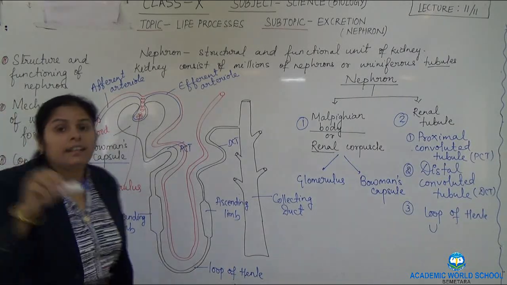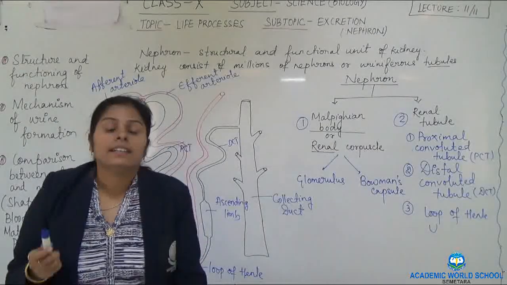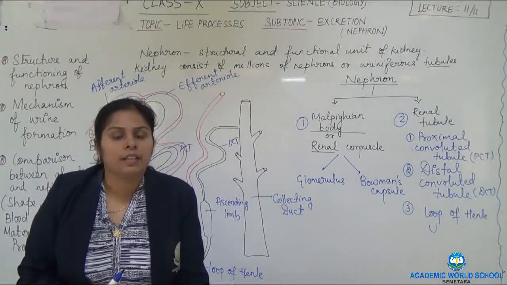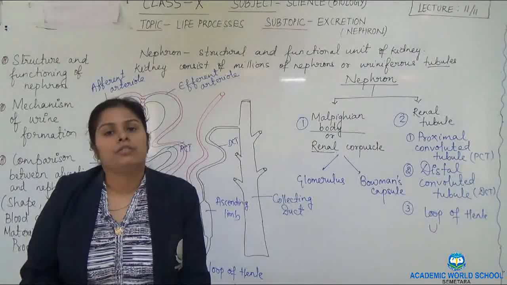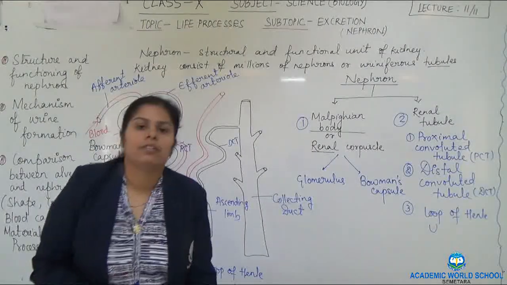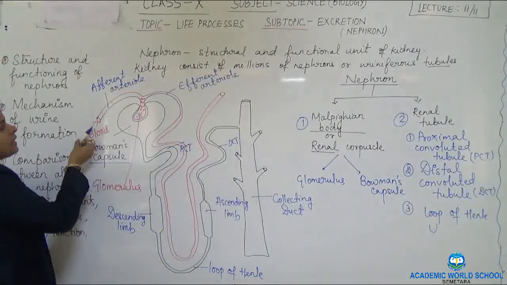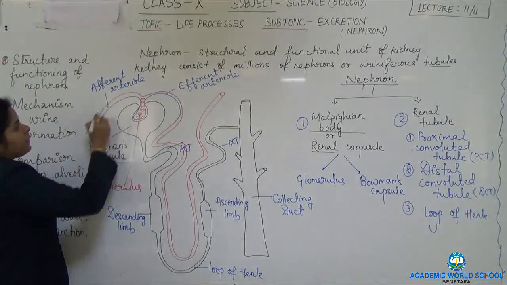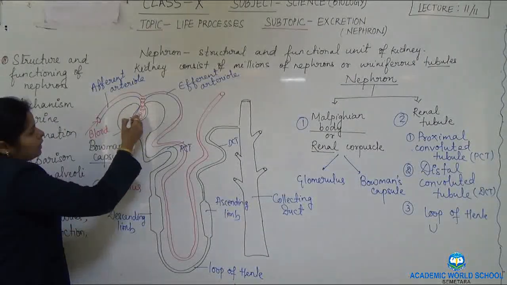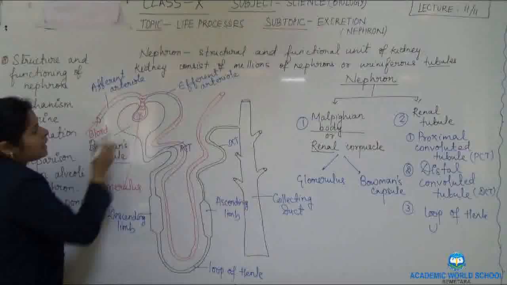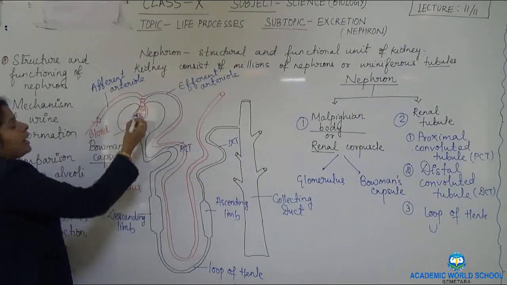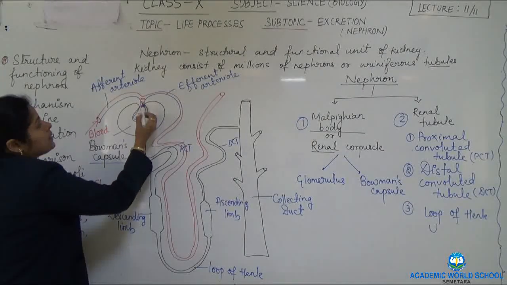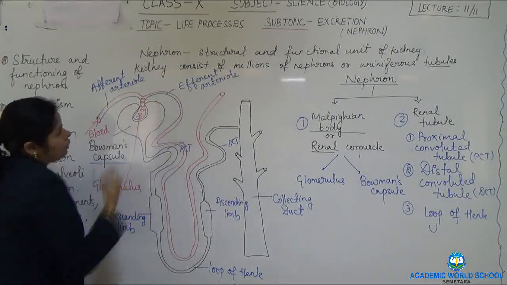In the last class we read that the renal artery enters the kidney. This renal artery divides to form arterioles, the afferent arterioles, which take the blood inside. When the afferent arteriole enters the concavity of the Bowman's capsule, it divides into a tuft of capillaries, and when this tuft reunites, it forms the efferent arteriole.